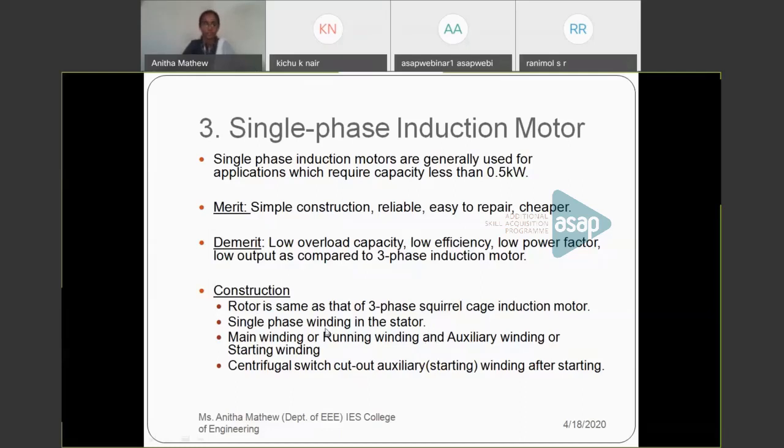Here the main winding is single phase, and an auxiliary winding is also inserted in this machine in order to start it. A centrifugal switch is used to cut out the starting winding after starting. During starting only we need the starting or auxiliary winding. After that we have to cut it out using a centrifugal switch. Okay.